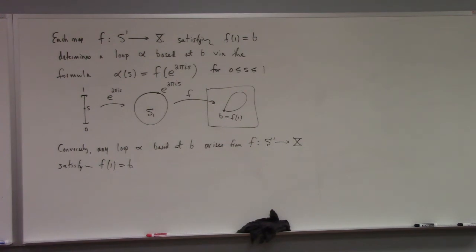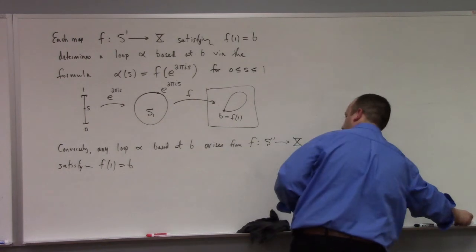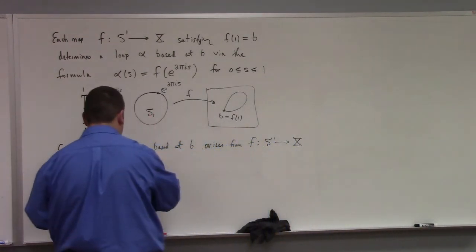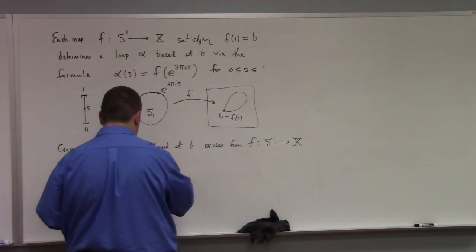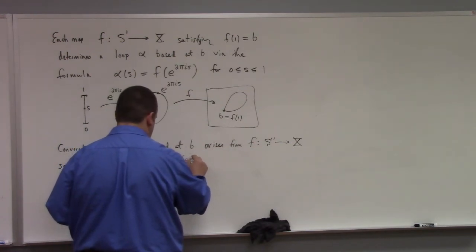Suppose I'm given the alpha, how do I define the f? f of what? f of e to the i theta equals what?